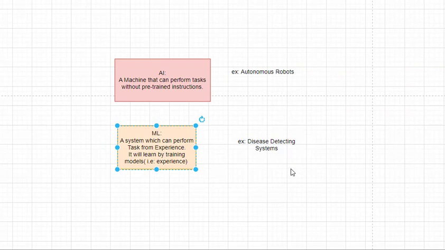Here, we provided the experience, that is training with previous images, right? Yeah. In order to detect the current scenario, we provided previous results. So based on that, it is able to detect the current situation and easily identify the disease. So that is machine learning.